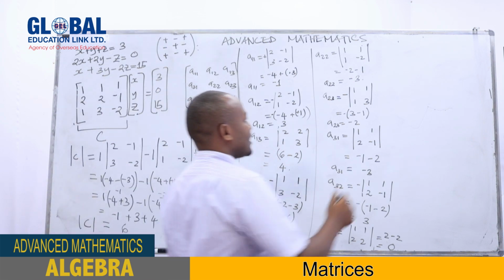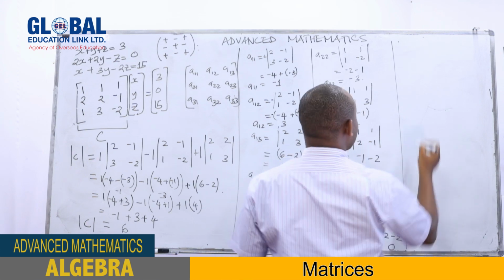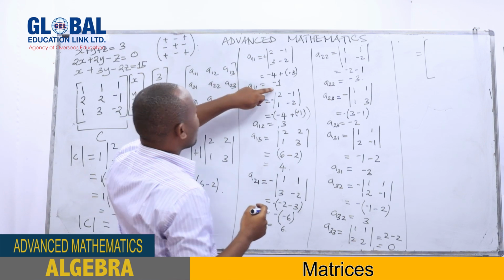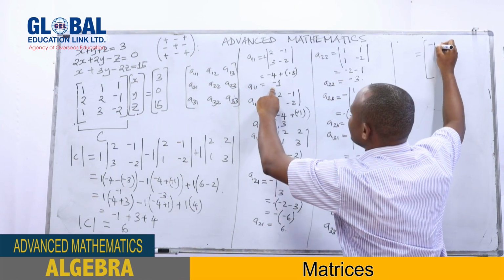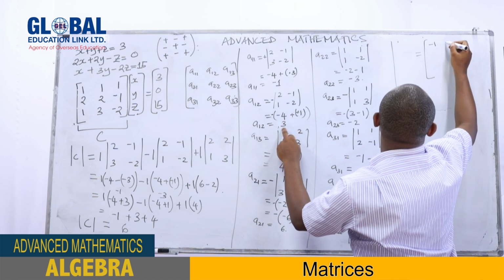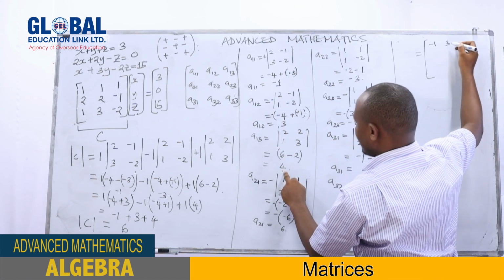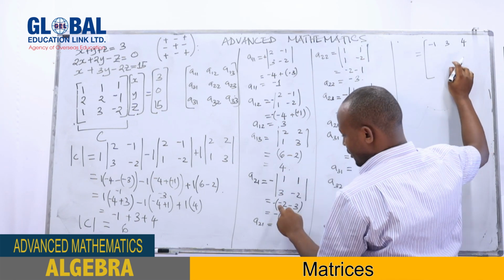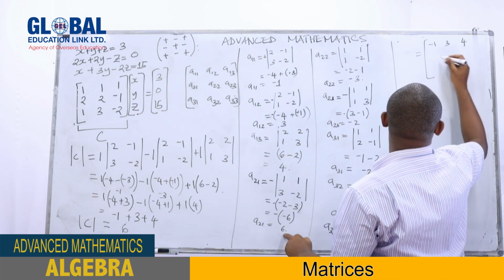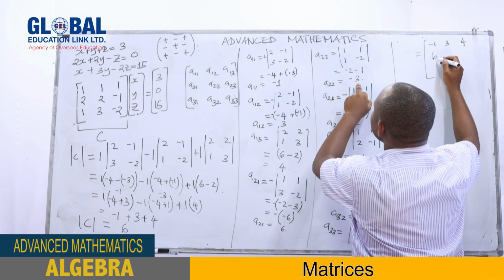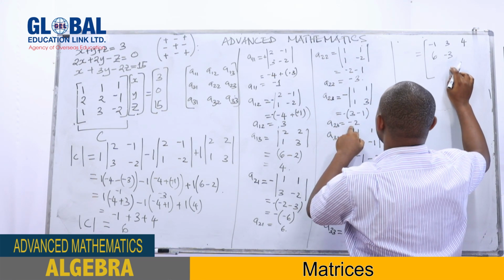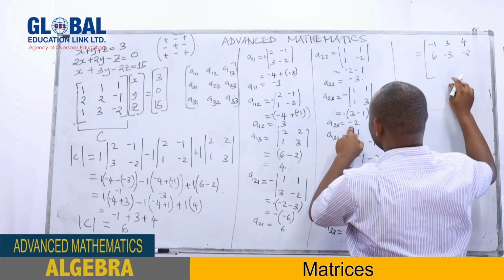Let's collect the cofactors, and then we shall have this matrix. Let's start with 1, 1, that is negative 1. Then we have 1, 2, that is 3. Then 1, 3, that is 4. 2, 1, that is 6. 2, 2, that is negative 3. 2, 3, that is negative 2.